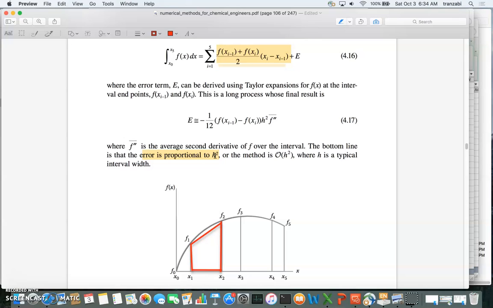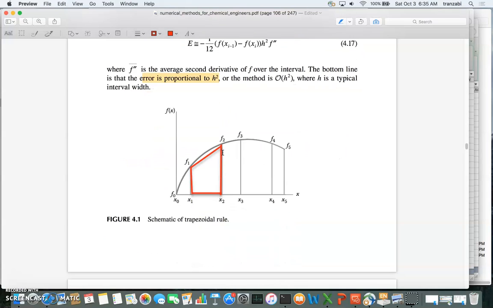So the error is proportional, not exactly equal, to delta x raised to the second power. So we say the trapezoidal rule is on the order of delta x squared, or it is a second order approximation to the integral.